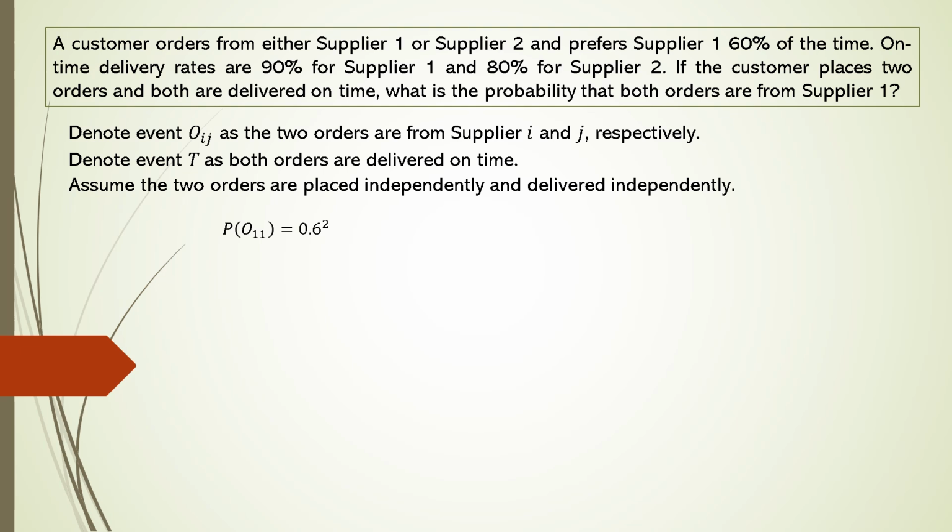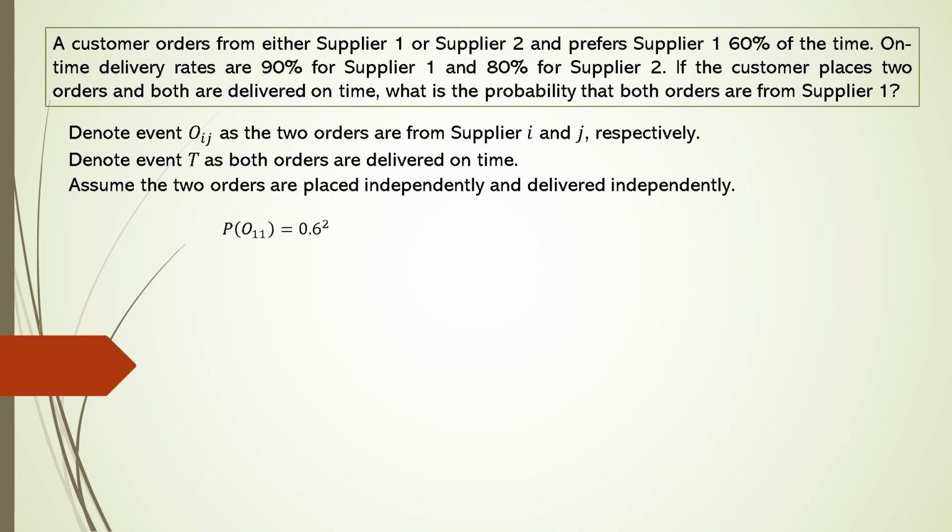The probability that both orders are from supplier 1, so I have the probability of O11, it would be the product of the probability that the first order is from supplier 1 times the probability that the second order is also from supplier 1. Why is this probability a product of 2?